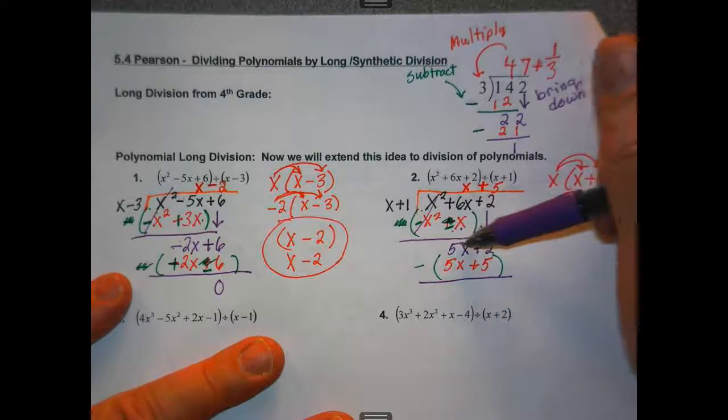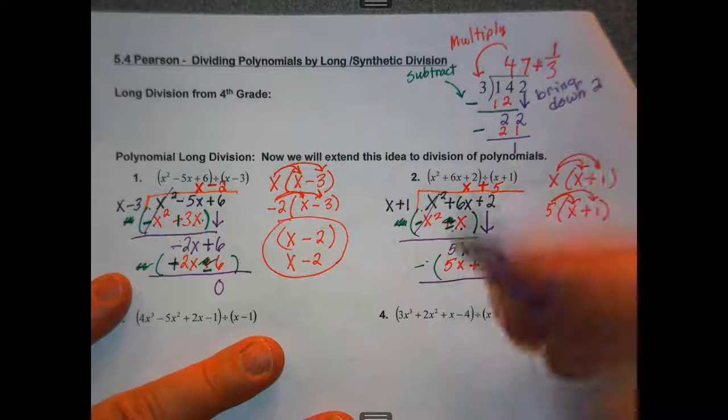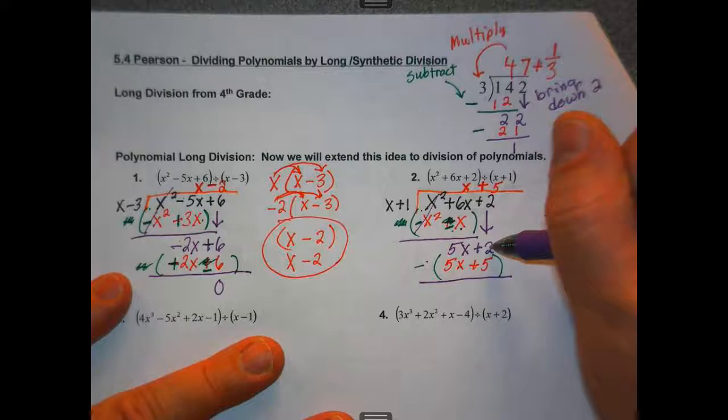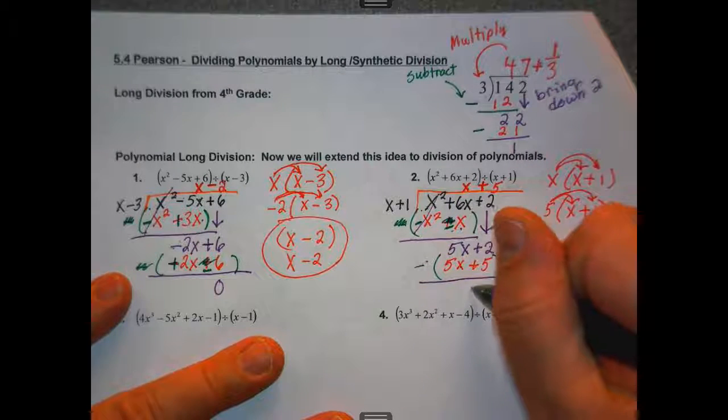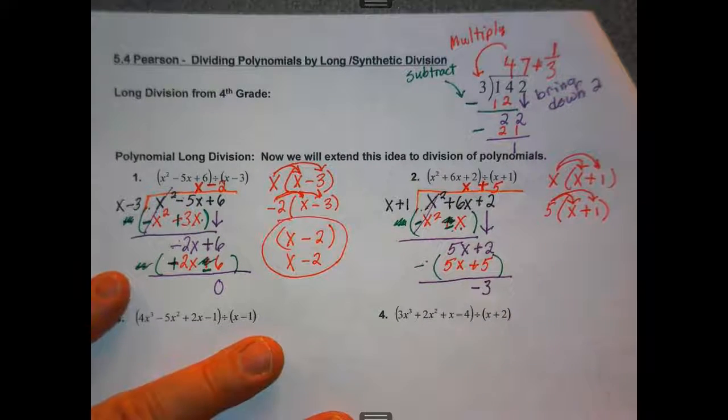Okay, 5x minus 5x, 0. Positive 2 minus 5 is negative 3. So that's my remainder, right?